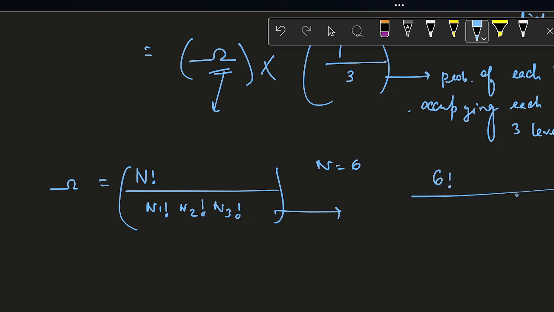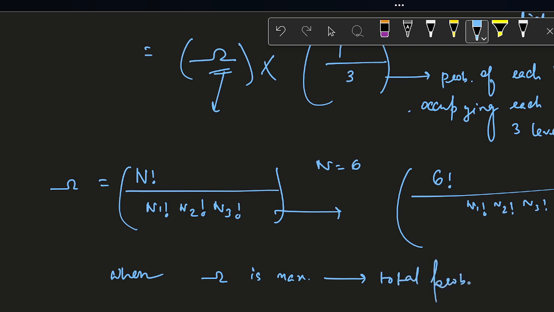So this is 6 factorial divided by n1 factorial, n2 factorial and n3 factorial. The only way omega can be a maximum is when the product of the factorials in the denominator becomes a minimum. When omega is maximum, the total probability is maximum for that distribution. That means that distribution has the highest possibility to occur.